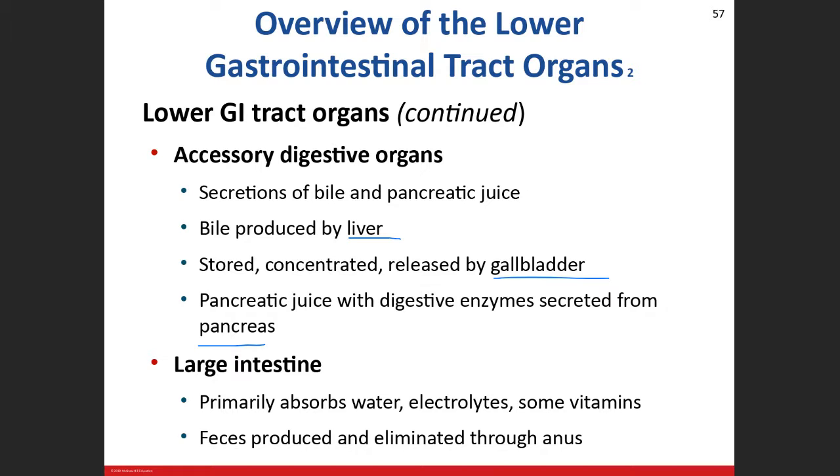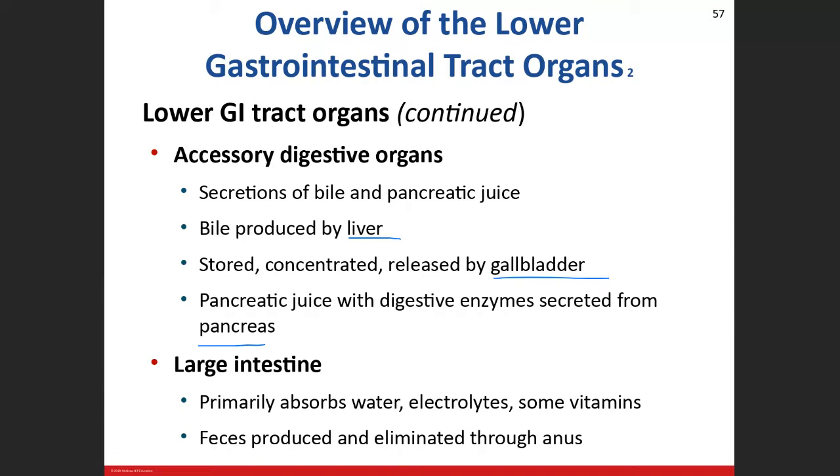The bile that's produced comes directly from the liver. It's not concentrated, so it doesn't get regulated as well. We'll talk about the different types of digestive pancreatic juice enzymes when we get into lecture.